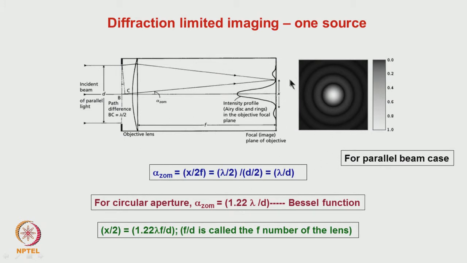So, this x by 2 equals, this is the sort of formula which applies. This formula is for a spherical aperture, because the lens itself can be considered as a spherical aperture, and in that case the Bessel function has to be used, so this factor alpha, the angle which it subtends, turns out to be 1.22 lambda by d, where d is the diameter of the aperture.